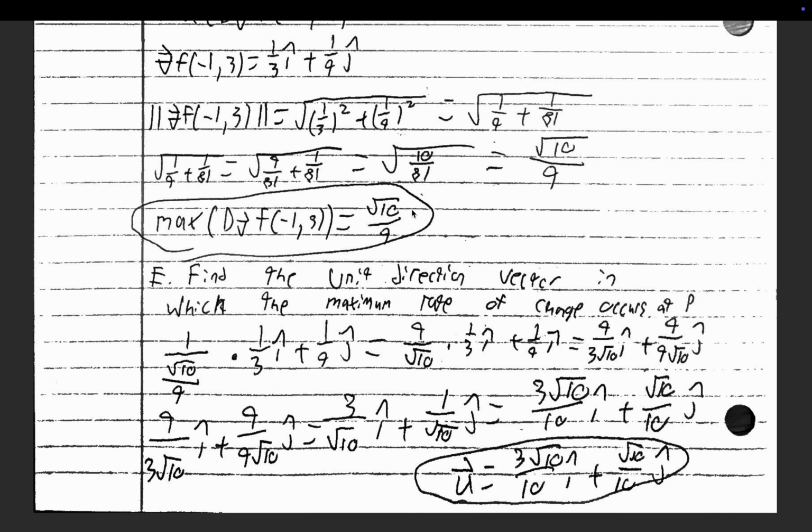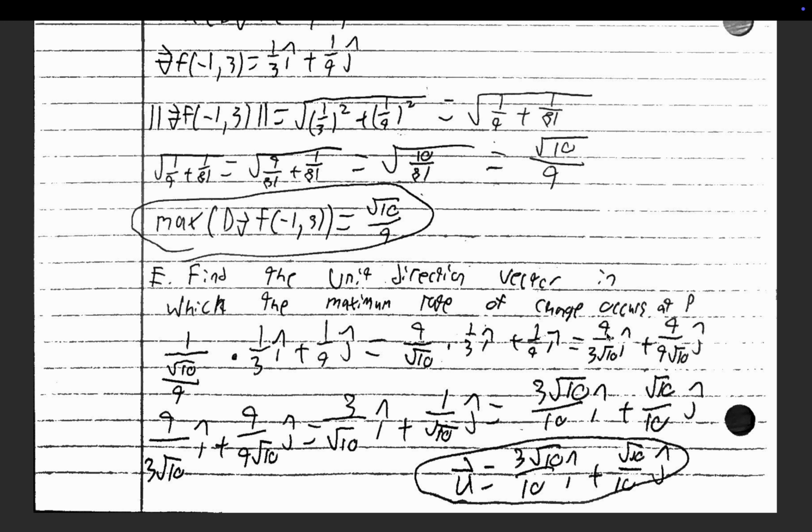The last part is E. We need to find the unit direction vector in which the maximum rate of change occurs at P. We just found that maximum rate of change, so we use it with the original gradient vector and multiply by 1 over that value, which is 9 over rad 10 times 1/3 i plus 1/9 j.